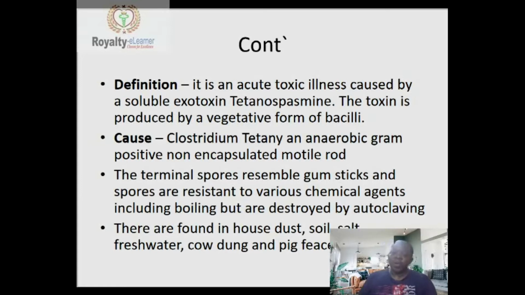The terminal spores resemble drumsticks, and spores are resistant to various chemical agents, including boiling, but are destroyed by autoclaving. So we're saying the spores are resistant to boiling, but they can be destroyed by autoclaving.